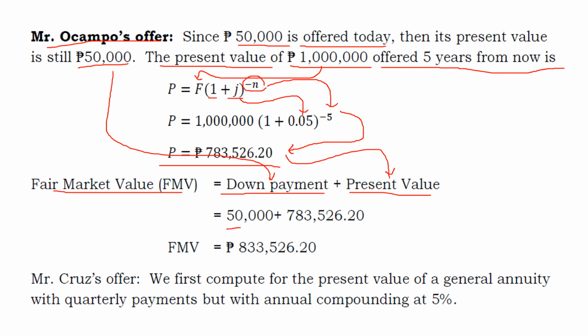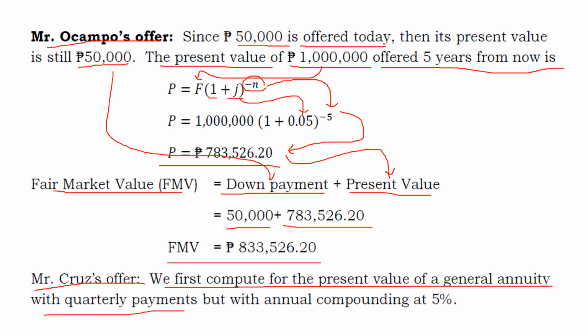So your down payment is 50,000, your present value is 783,526.20 pesos, and your fair market value now is equal to 833,526.20 pesos. Now, that Mr. Cruz offer, we first compute for the present value of a general annuity with quarterly payment, but with annual compounding at 5%.